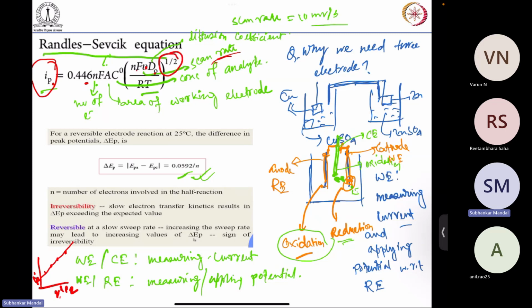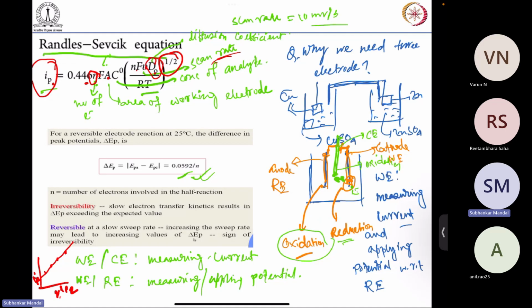Now you are plotting Ip versus the square root of the scan rate. So from the slope, what information can you get? The number of electrons n you can get, and D to the half, the diffusion coefficient, you can get. And you know the area and the concentration of the bulk electrolyte, all these things you know. So it is quite an interesting and fundamental experiment, where you can find out how many electrons are participating in the Faradaic reaction.